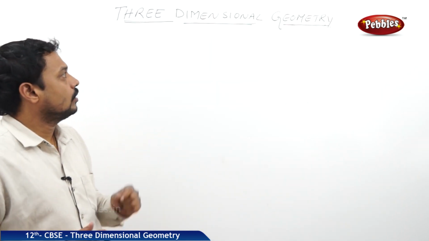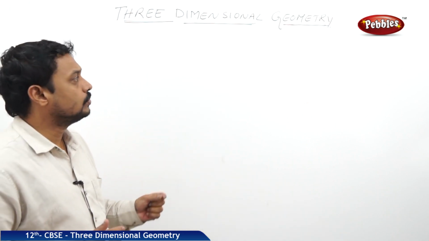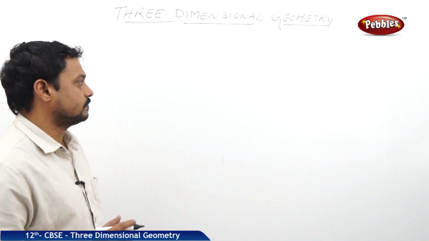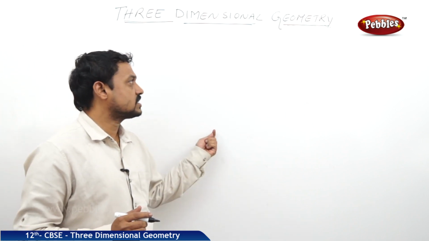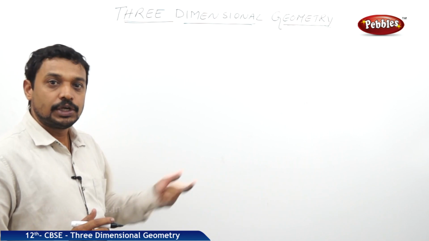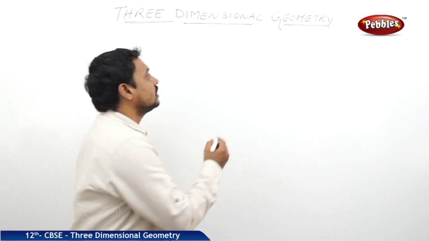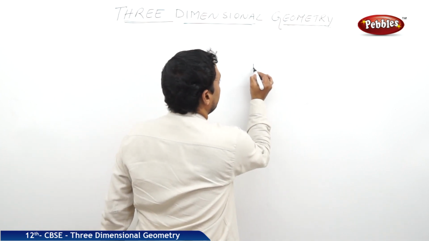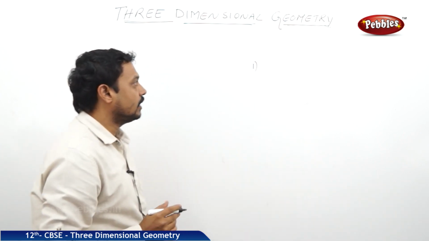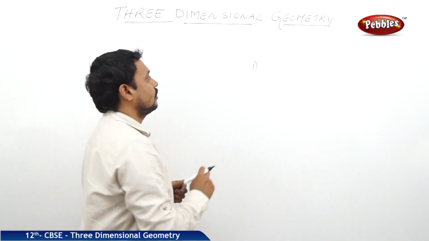Now, we are going to learn about the equation of a line in space. Already in 11th standard, you studied the equation of a line in 2-dimensional geometry. In 3-dimensional geometry, we can define a line when we have 2 conditions.